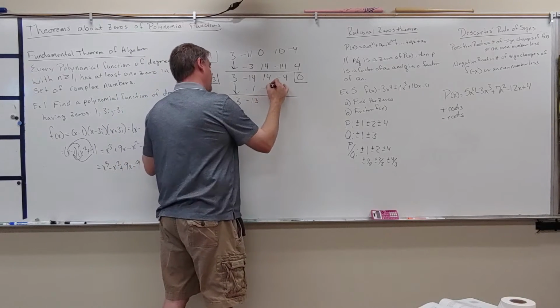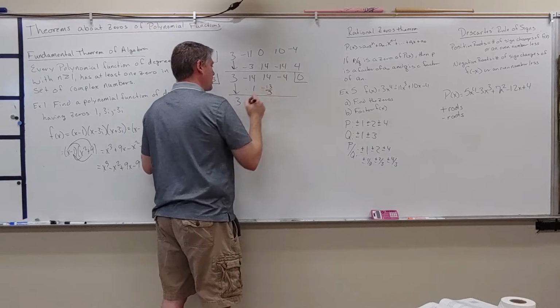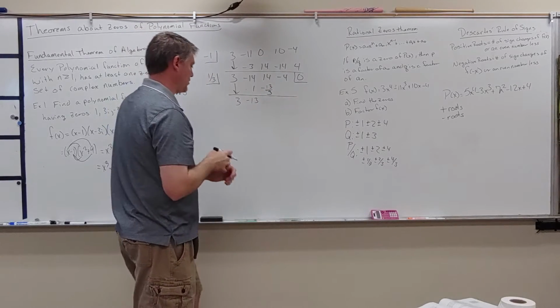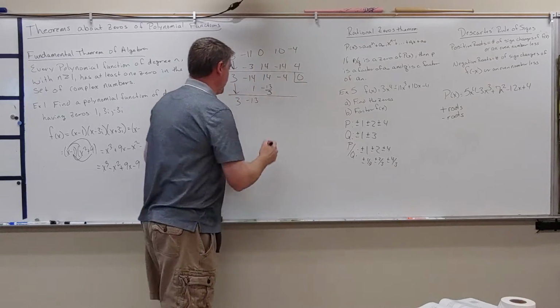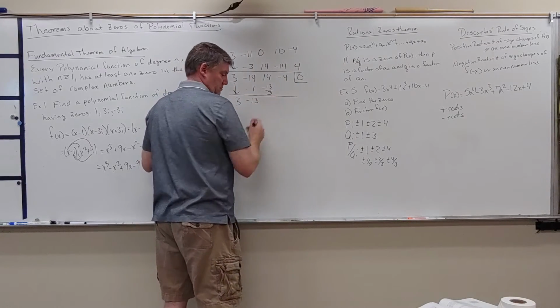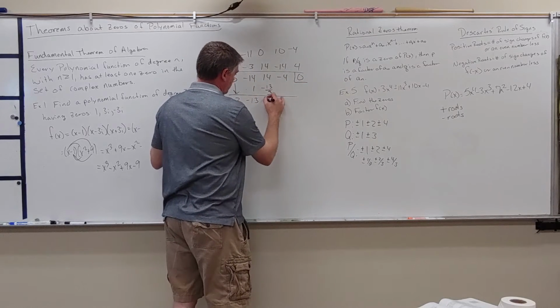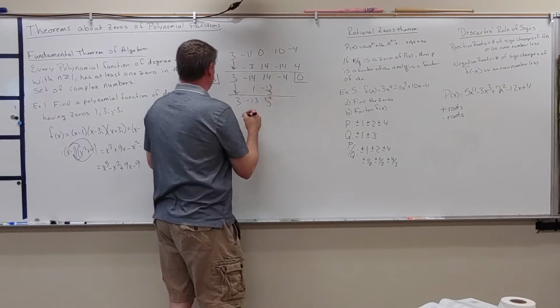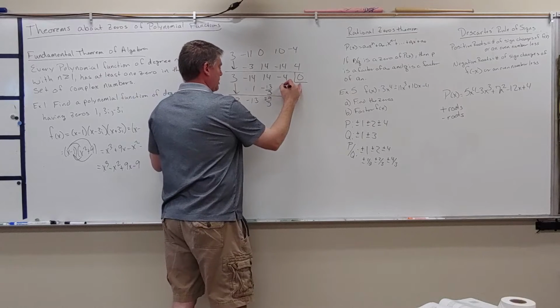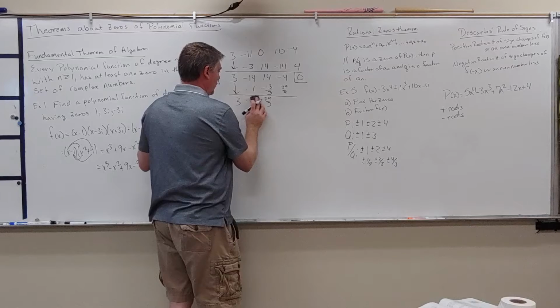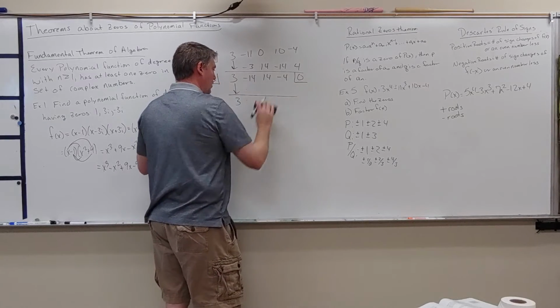This is negative 13 thirds. So that was 42. 42 minus 13 is 29 thirds, right? 29 thirds. This gives me 29 ninths. That's not going to go away, so I know 1/3 doesn't work.